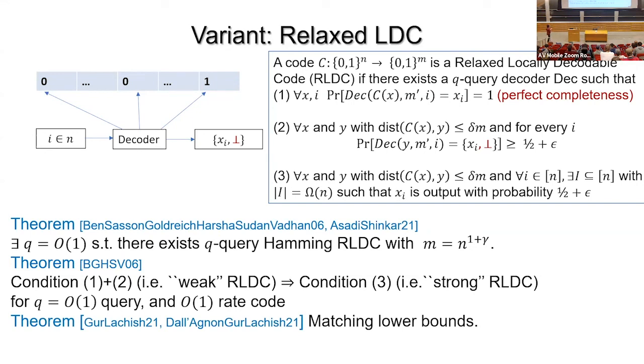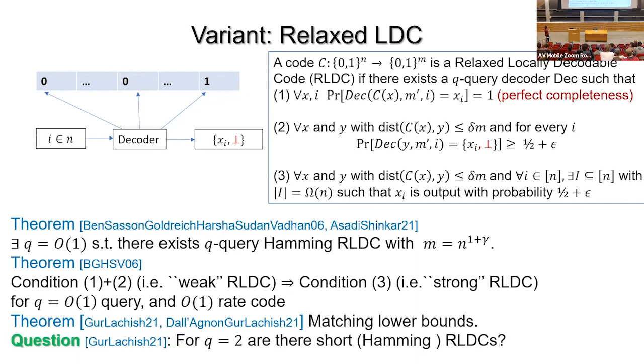And there are also matching lower bounds, and these are recent works. A question that was raised by Gur and Lachish in 2021 was: we know that there exists a constant query for which the codeword length drops so much, but what about at q equals 2?